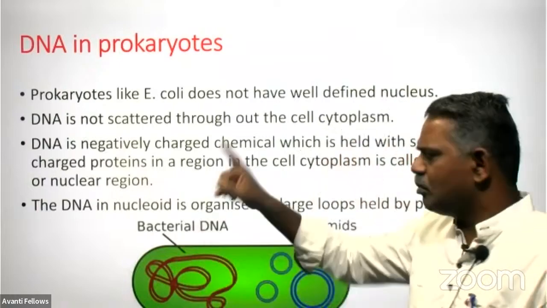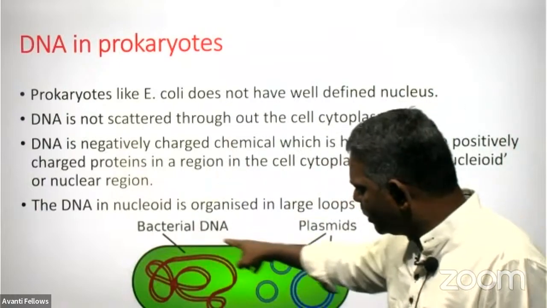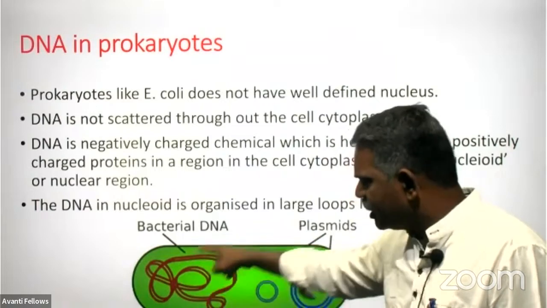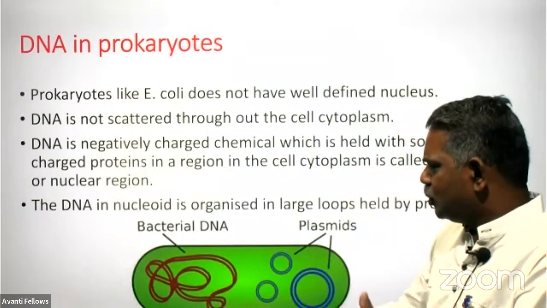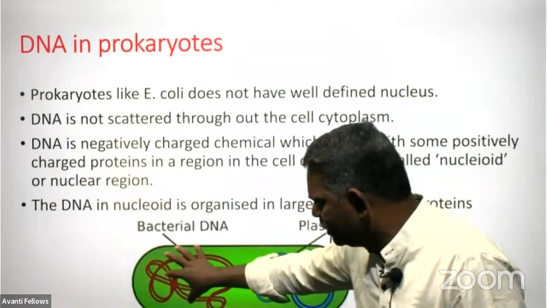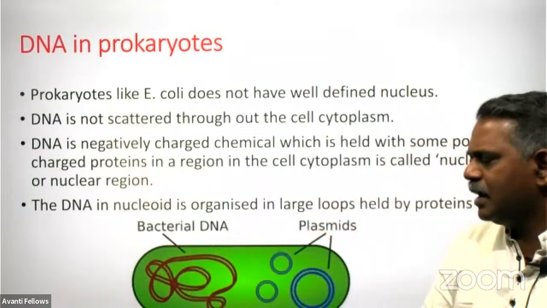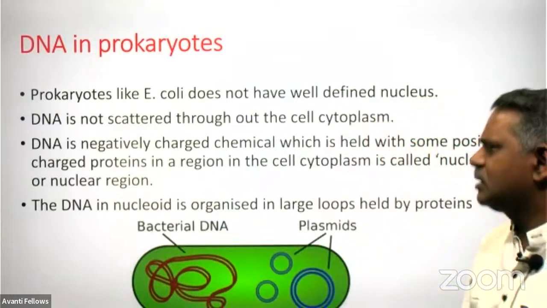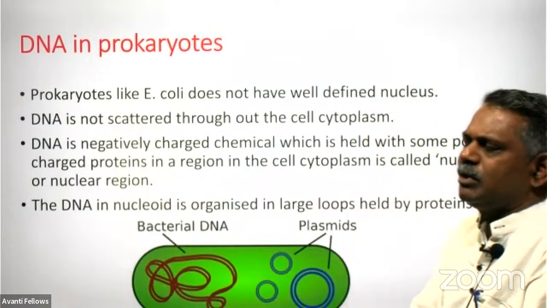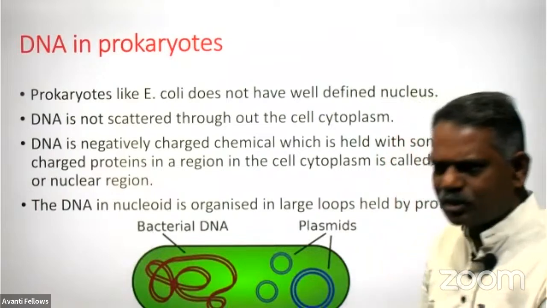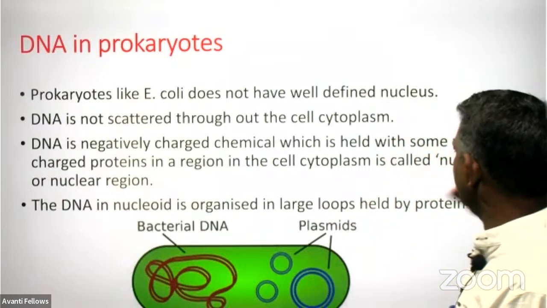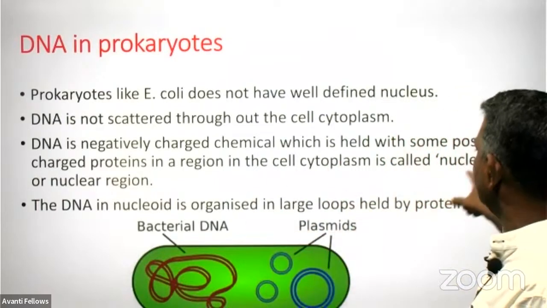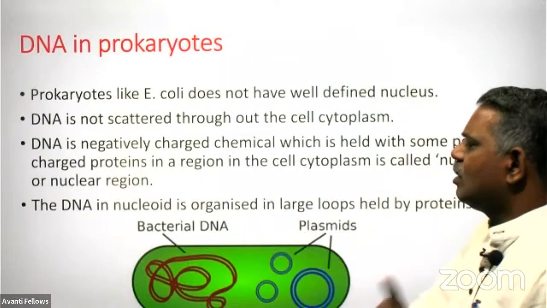Of course, there is no boundary, but all this negatively charged double-stranded DNA, held with some positively charged protein, is present only in this region, not everywhere. This region where the double-stranded DNA is located and attached with positively charged proteins like histone or non-histone protein is called the nucleoid or the nuclear region.